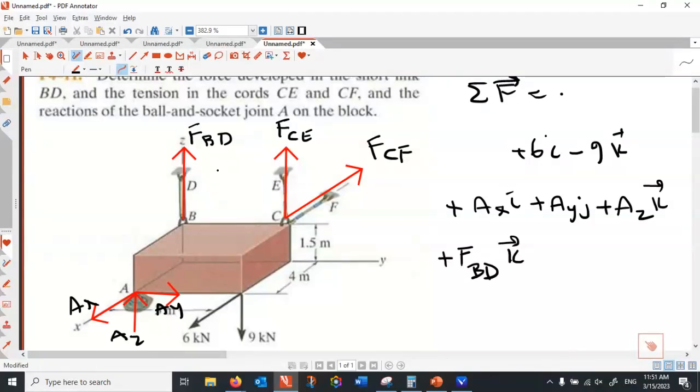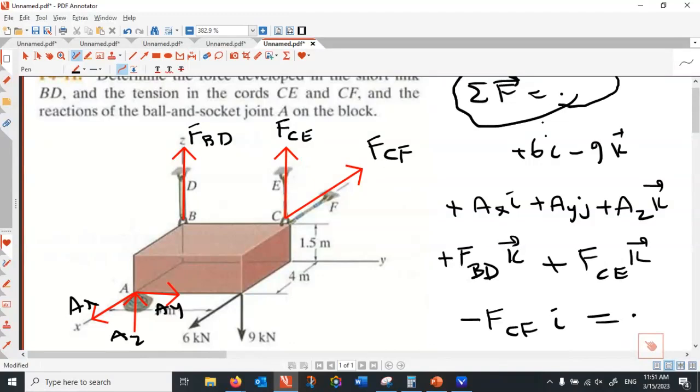K, that's the Z direction. And how do I include FCE? That is plus FCE times K. And how do I include FCF? That is minus FCF I. So we took care of net translation equal to 0. And then this equation, if I want to solve, who can tell me how many unknowns are here?